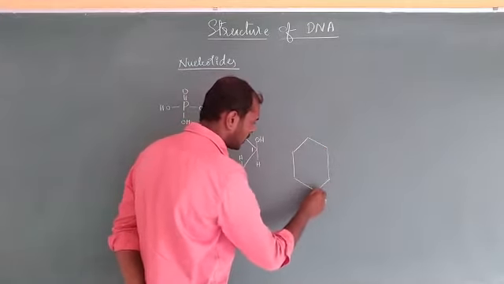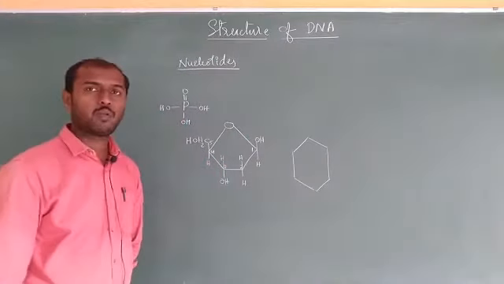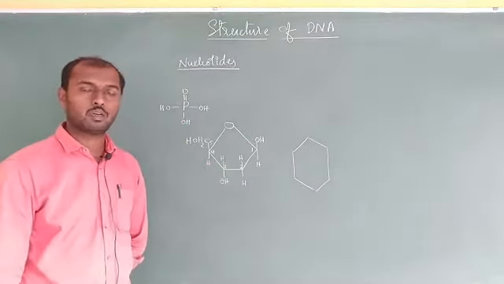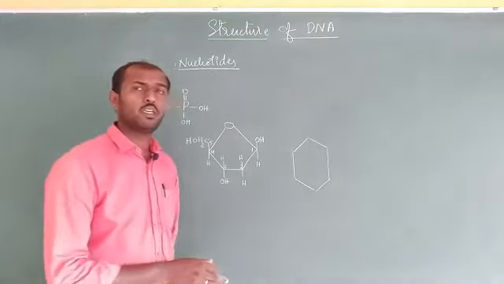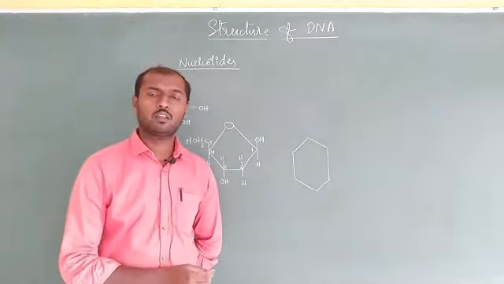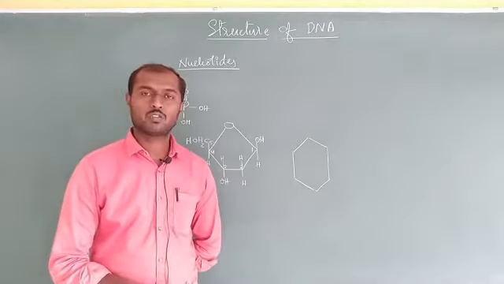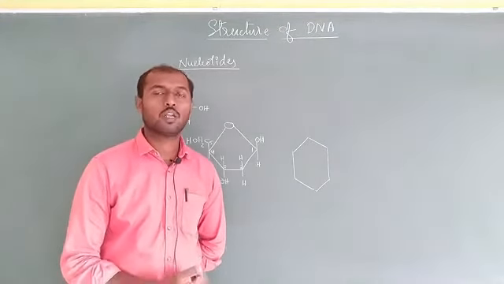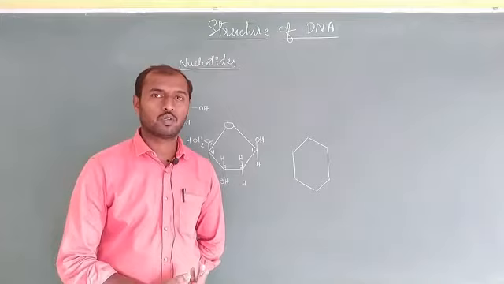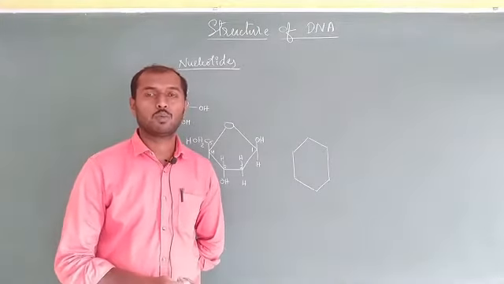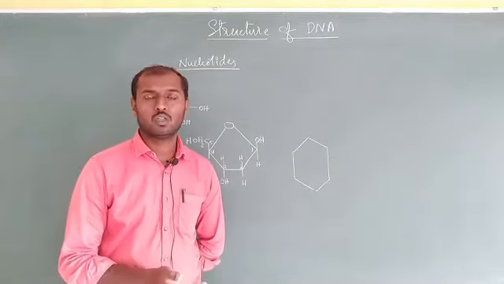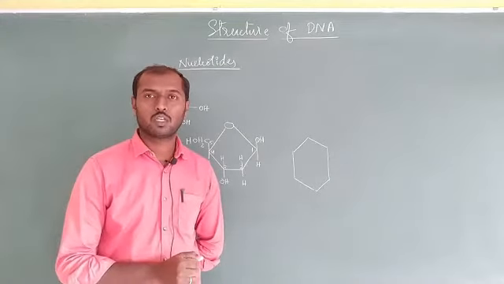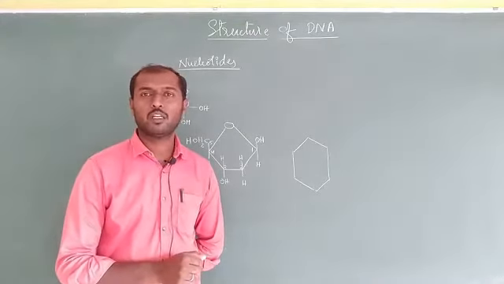So I am drawing the pyrimidine here, not the purines. Consider that it may be any kind of pyrimidine, maybe thymine or cytosine. It can be any one, C or T, that is the pyrimidine that I am going to draw here.